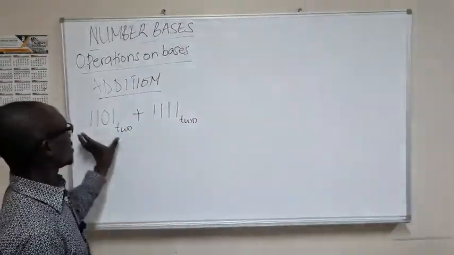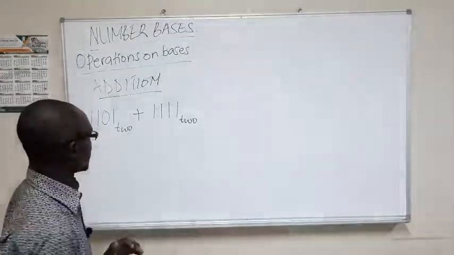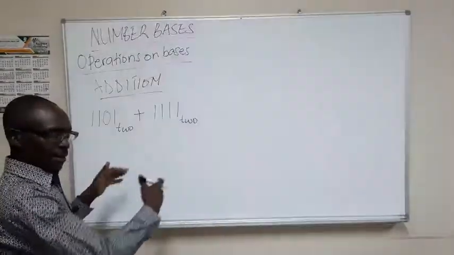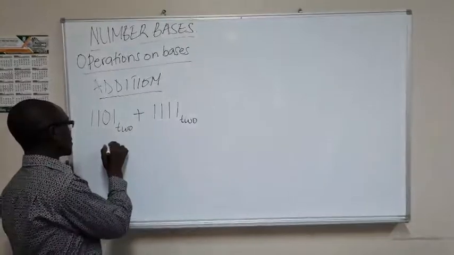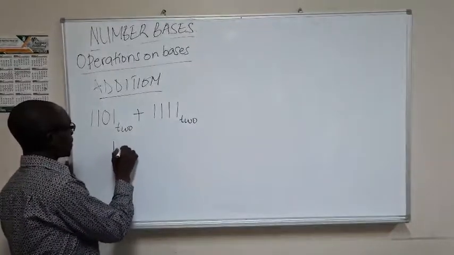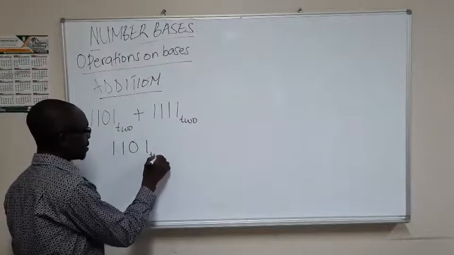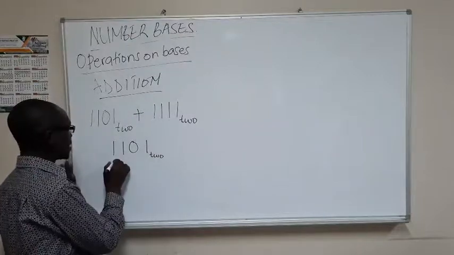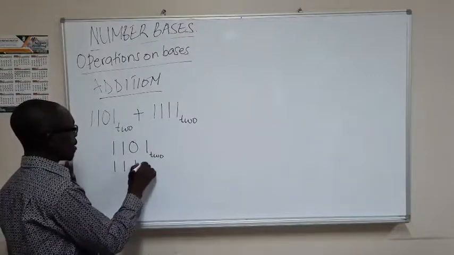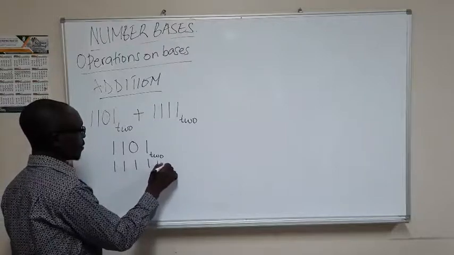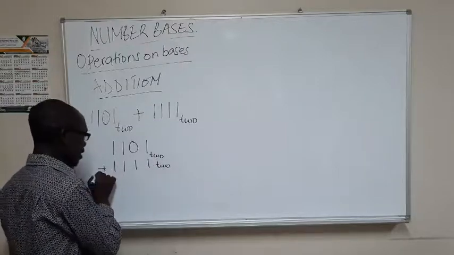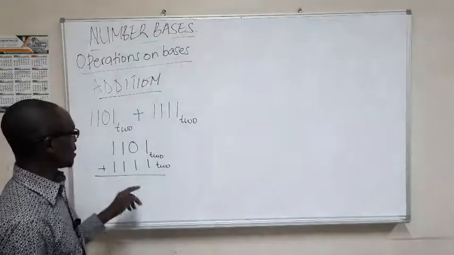They want us to add these two. We align the values in order. 1, 1, 0, 1 under base 2, and I'm adding 1, 1, 1, 1 base 2. Here we are adding.